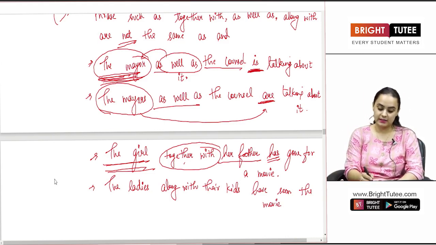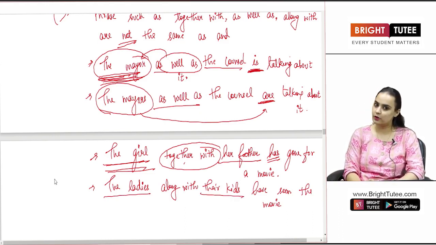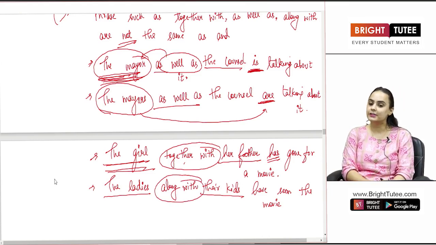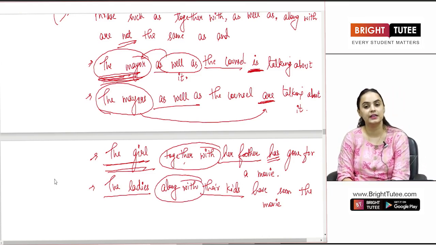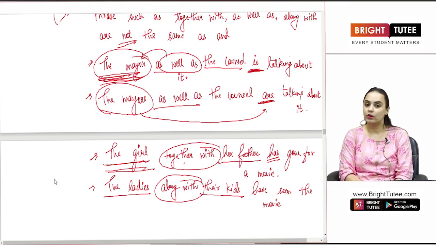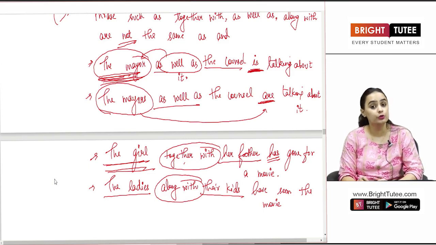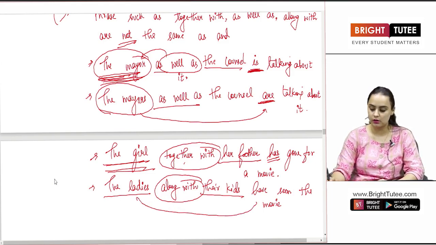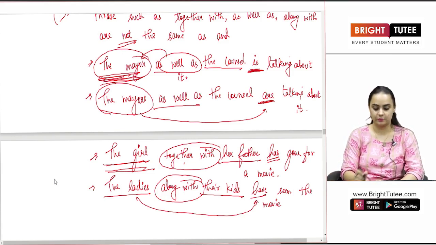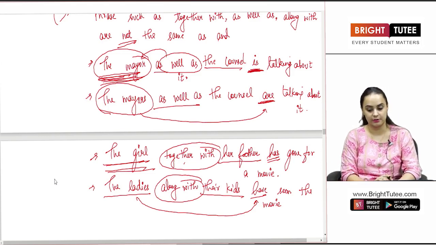My two subjects, the ladies and their kids. How are we joining these two subjects? Using "along with." Like I told you, in such phrases, we have to look at the subject before such phrases. What is my subject before it? The ladies, which is plural. Since this is plural, my helping verb will also be plural. If this would have been singular, my helping verb would also have been singular.